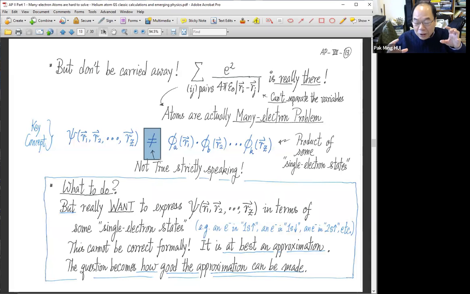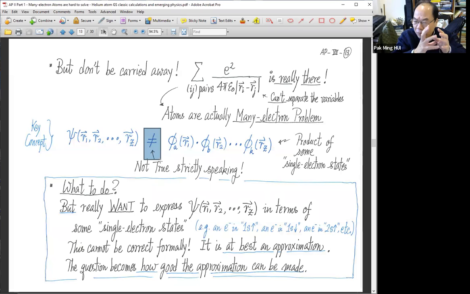Therefore, we will try to approximate the many electron problem of the atoms, writing the wave function as a product of single electron states. The remaining question is, how can we make good approximations to get these single electron states?